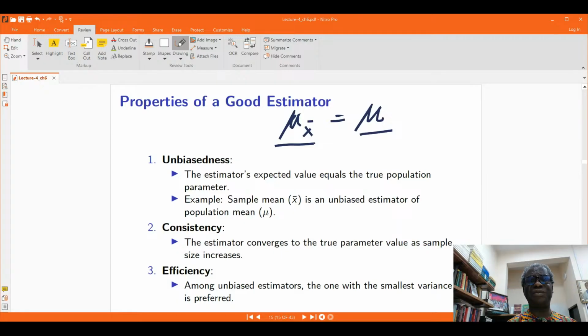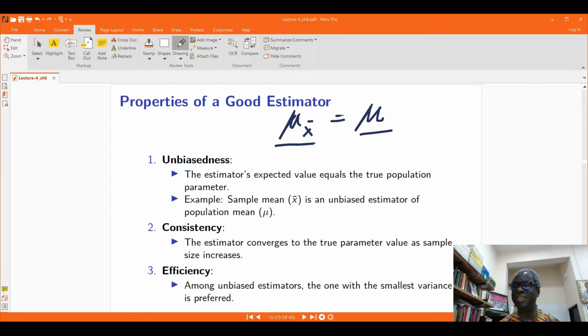And we have shown previously that the mean of the sampling distribution of sample mean is equal to the population mean. That is one result that we have established in our previous lecture. And therefore, sample mean, not sample median, not mode, sample mean is an unbiased estimator of the population mean.